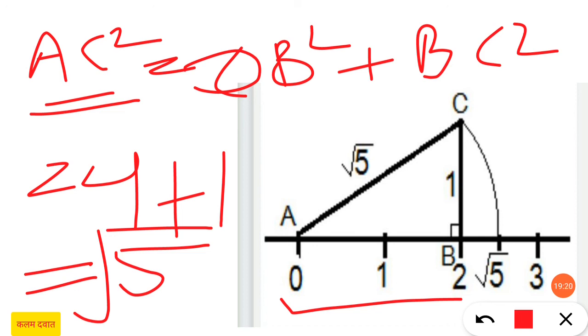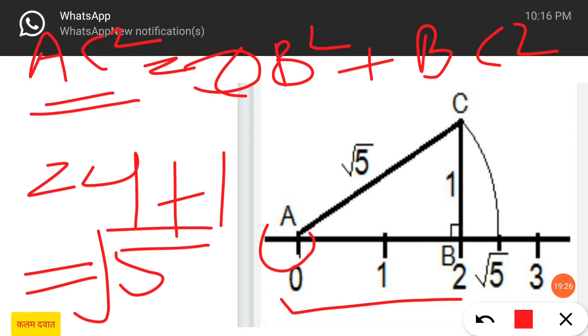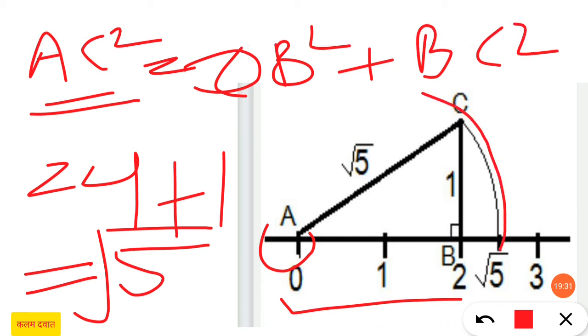Using a compass, taking O as center and AC as radius, we have to put an arc here. So this point will be root 5 on a number line.